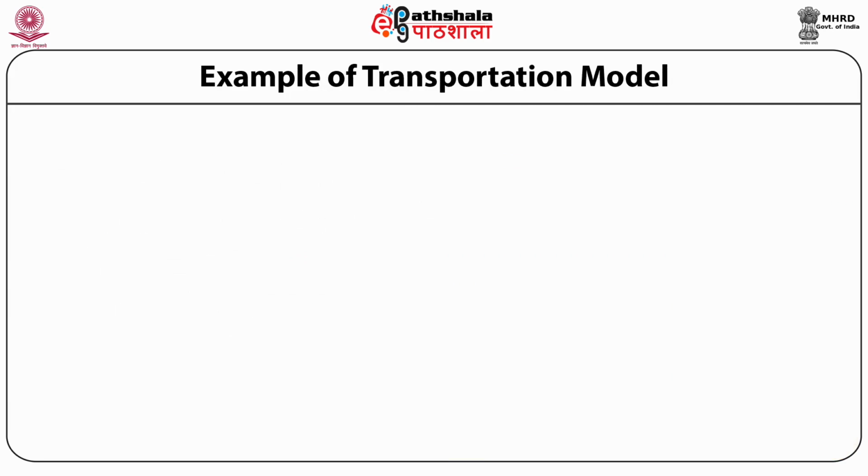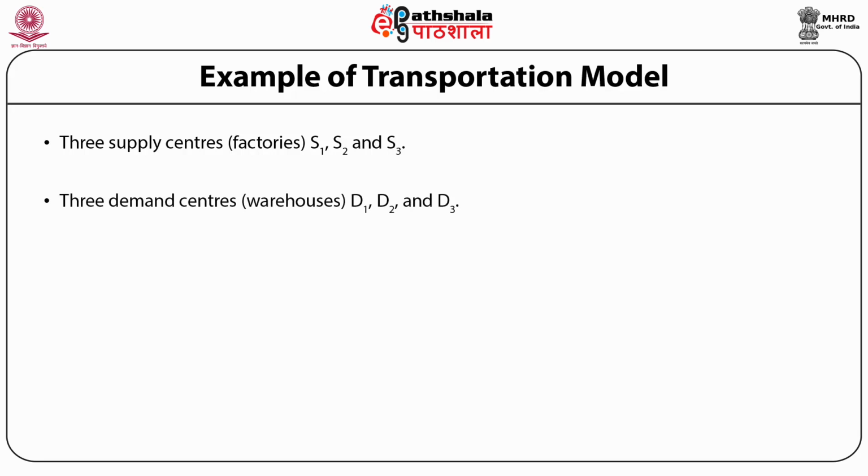These assumptions have been illustrated in the following figure, where the three supply centers or factories are S1, S2 and S3. The three demand centers are D1, D2 and D3. The cost of transportation from S1 to D1 is shown by C11 and other costs are also shown.